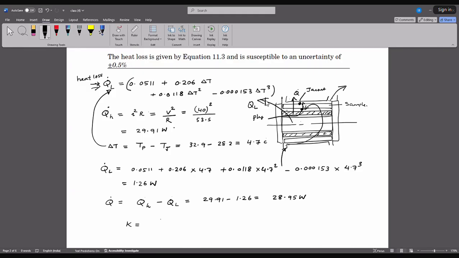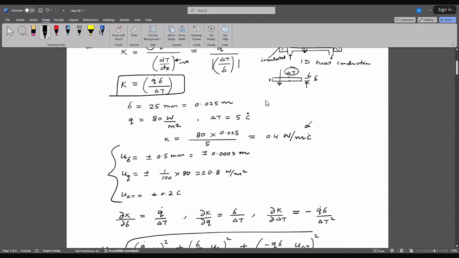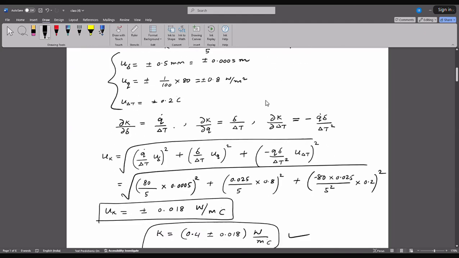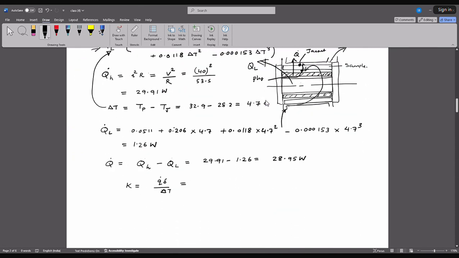That is basically Q delta over delta T, the formula we wrote here. So K is Q dot over A into delta over delta T. Q dot is 28.95.